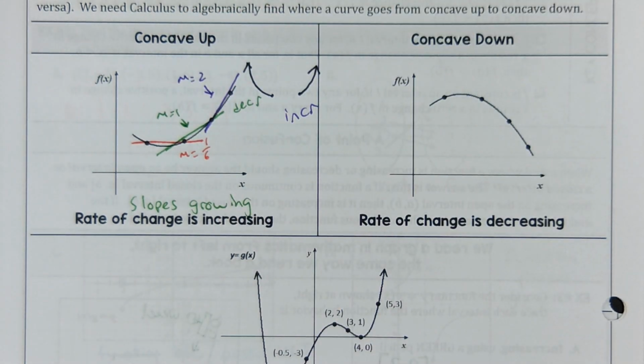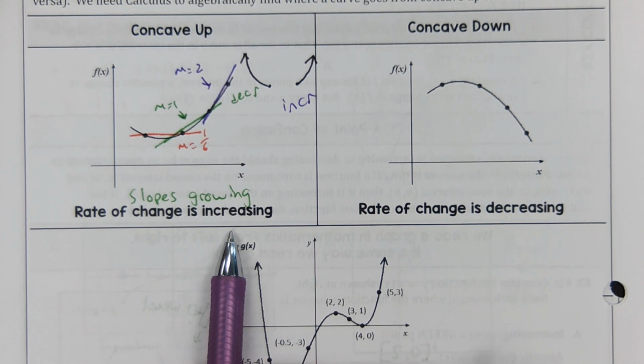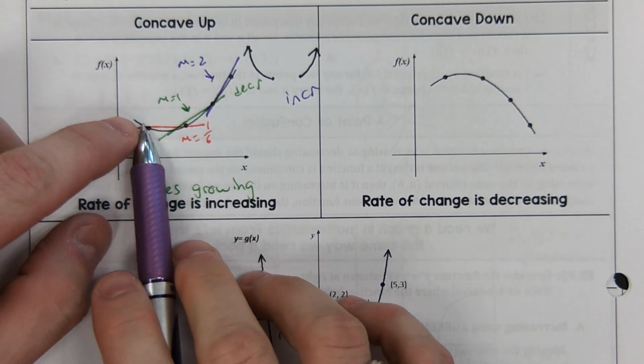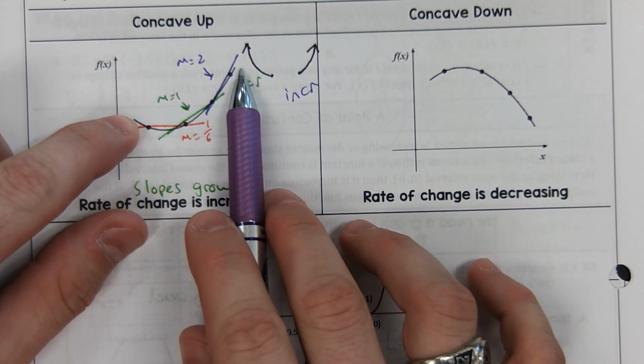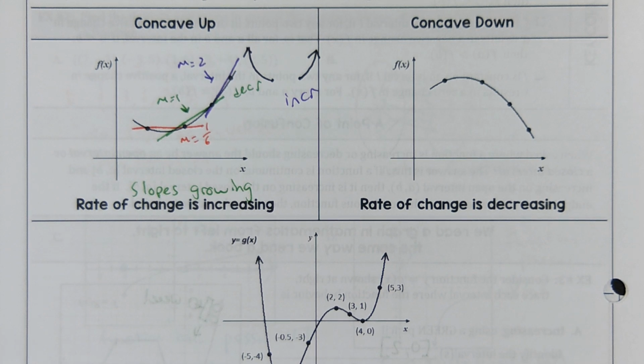But look at the numbers, 1/6, 1, 2. They're clearly going up from left to right. So we could say that the slopes are growing. We could say the rate of change is increasing. We could say the average rate of change is increasing, because I could have done this point to here, this point to here, this point to here, and every single time my average rate of change would have gotten larger. So I could also say that.